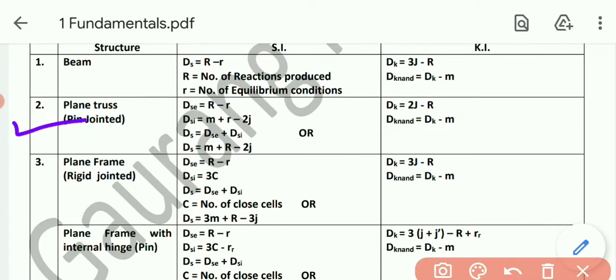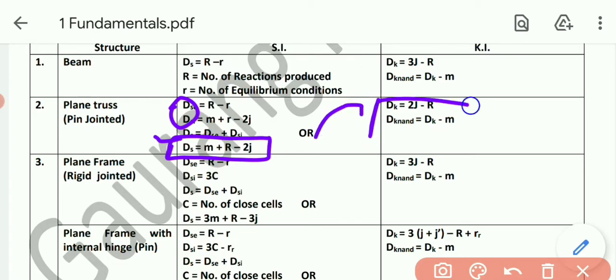Similarly for a plane truss, SI's formula is ds equals capital R minus small r, dsi equals m plus r minus twice j, and ds equals dse plus dsi, or alternatively we use the formula m plus r minus twice j. Similarly for KI we use dk equals twice j minus r, and dk naught is dk minus m.